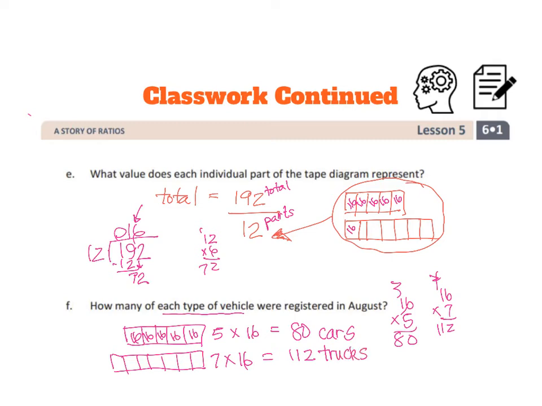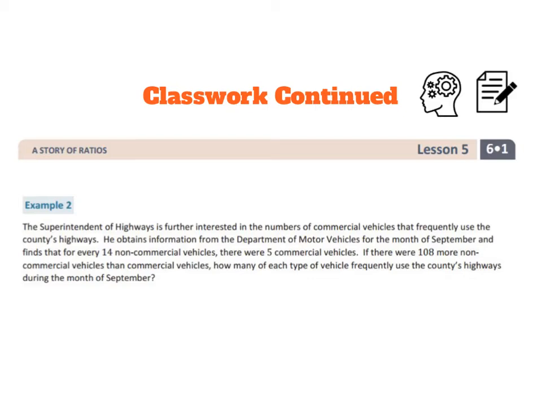How many of each? That's it. So I've got my 80, my 112. I add those together. I get 192. I'm back to the total. So that works out. I think my brain is excited. It's thinking so hard. Okay.